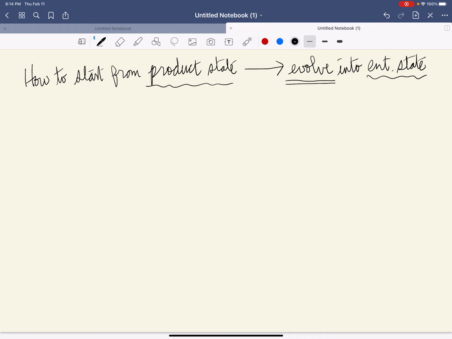Okay, so think about the solution of the Schrödinger equation, which has a solution that formally looks like that.